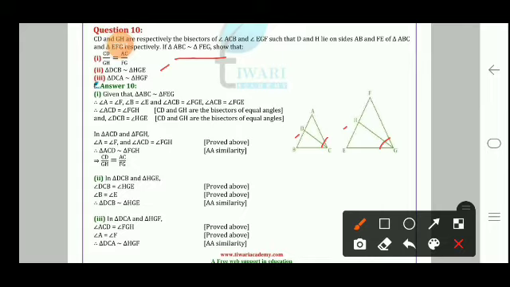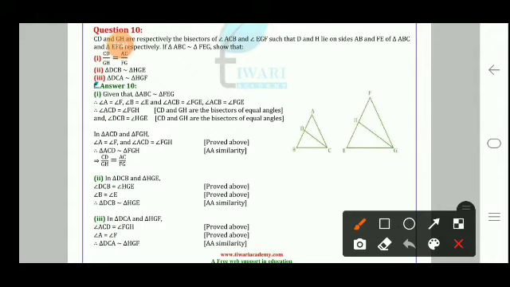First we write that triangle ABC and triangle FEG are similar triangles, so angle A is equal to angle F, angle B is equal to angle E, and angle C is equal to angle G. This is given. It is also given that angle ACB is equal to angle FGE.